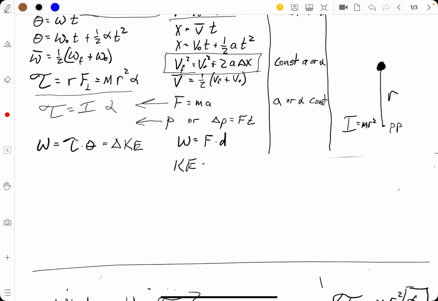KE over on this side is 1/2 mv squared. That's our linear KE. Our rotational KE is 1/2 I omega squared. Same stuff, just different ways of looking at it, okay?